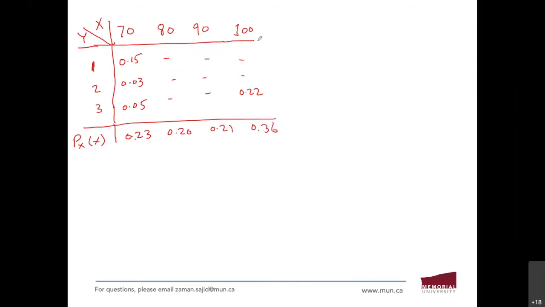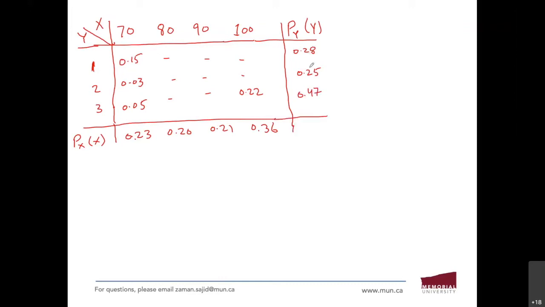Now similarly, we have the marginal probability of Y, which is P of Y. The value corresponding to Y equal to 1 we found is 0.28. Corresponding to Y equal to 2 is 0.25. Corresponding to Y equal to 3 is 0.47.